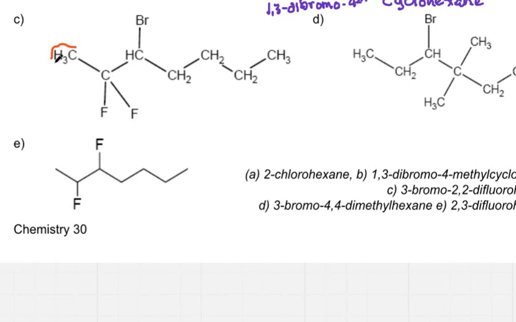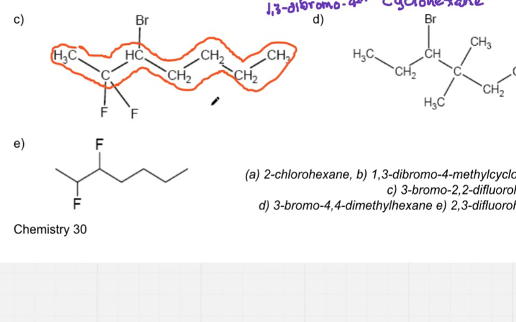Here our primary is 1, 2, 3, 4, 5, 6, 7 carbons, which is heptane. We have bromo groups which start with B and fluoro groups which start with F. So the bromine goes first, and that's on carbon number 3. It's obviously worse if you count from the right.